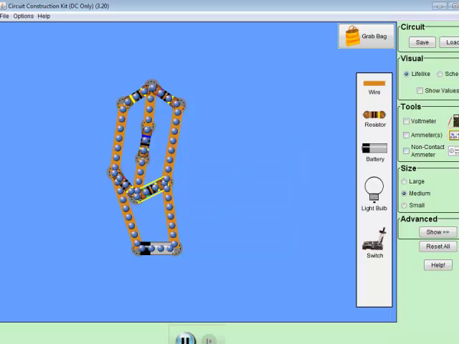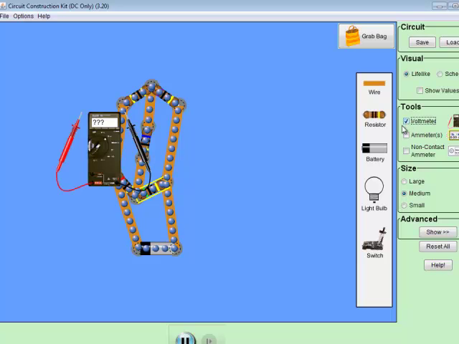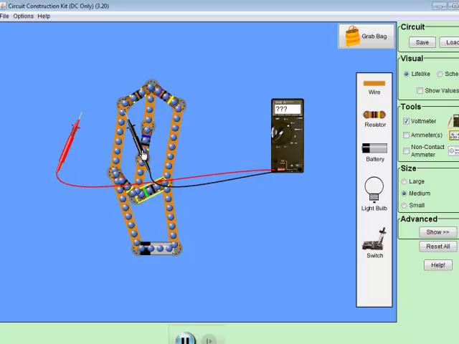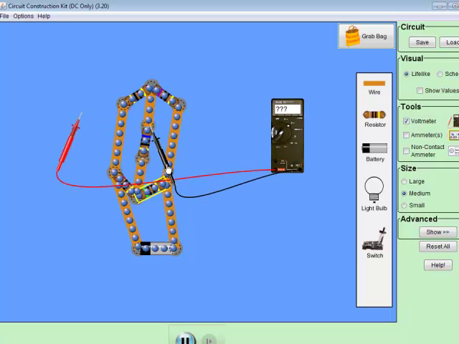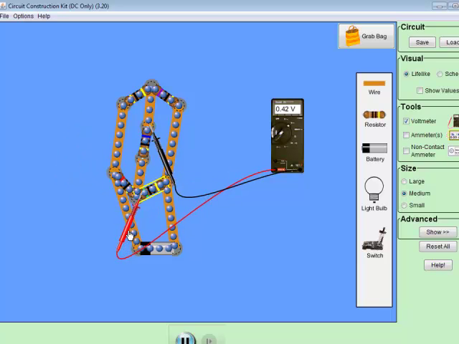Okay, and then I take a voltmeter and I put it on here, so there and there, and we already got our answer as 0.42 volts with the higher potential here.